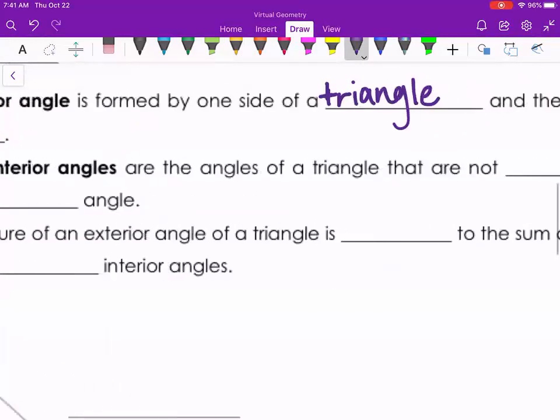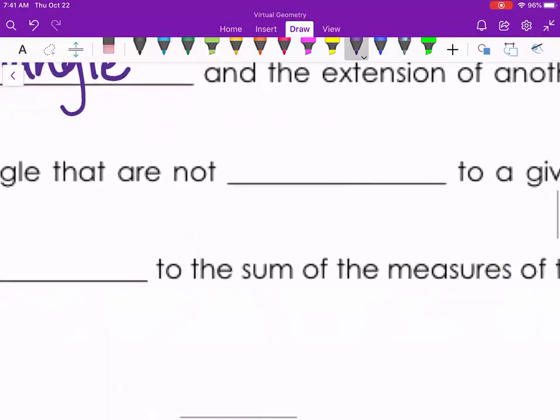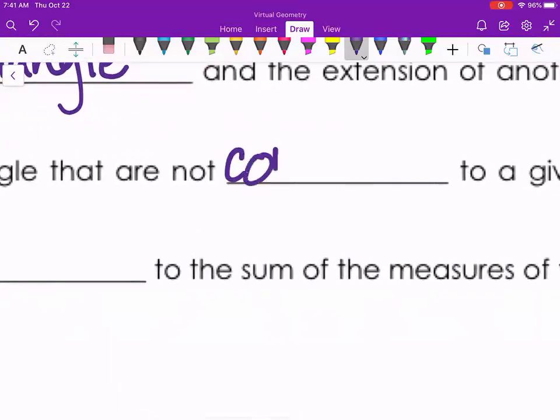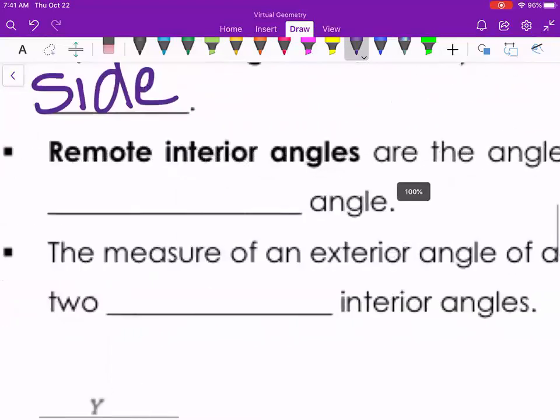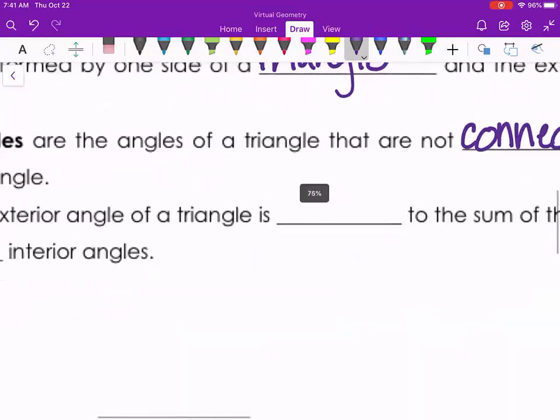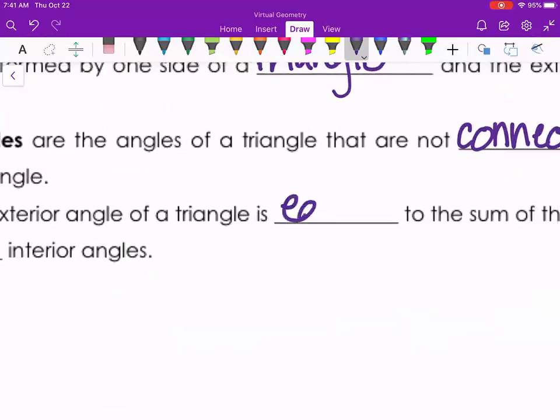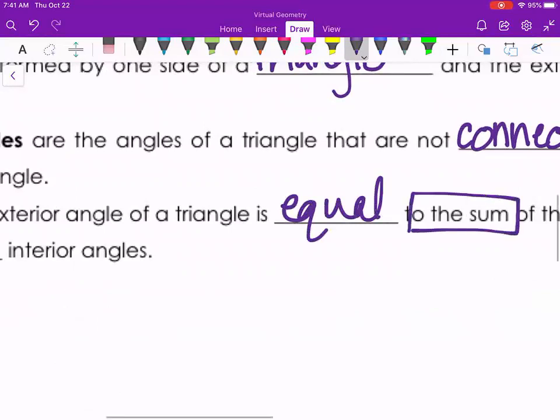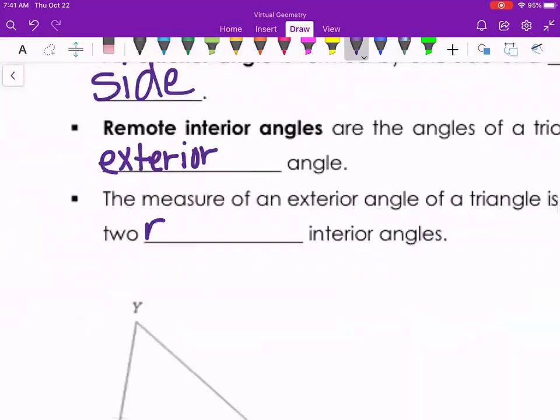The remote interior angles are the angles of a triangle that are not connected to the given exterior angle. And the measure of the exterior angle of a triangle is equal to the sum of the two remote interiors.